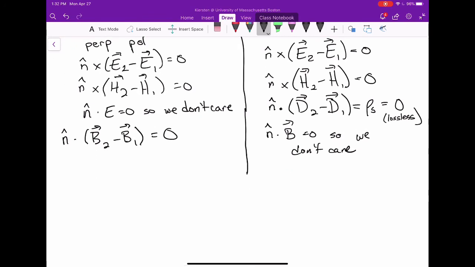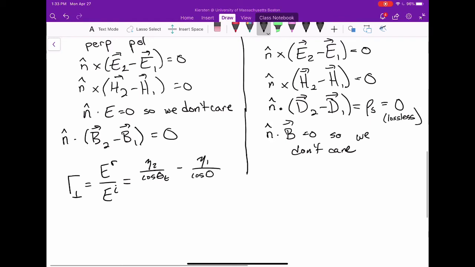So, the reflection coefficient for perpendicular polarization, which is the reflected wave amplitude divided by the incident wave amplitude, is equal to eta 2 over cosine theta t minus eta 1 over cosine theta i, divided by the sum of those two terms, eta 2 over cosine theta t plus eta 1 over cosine theta i.